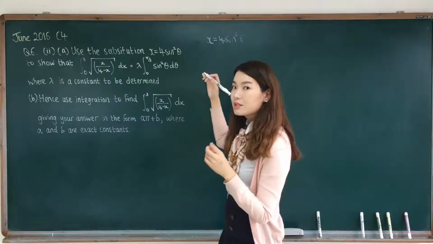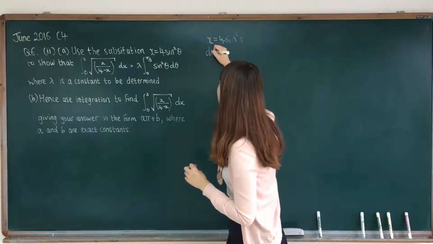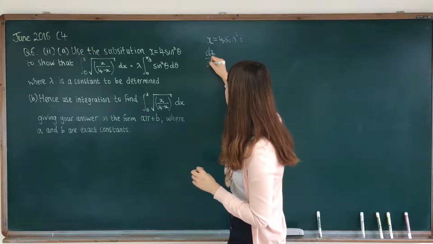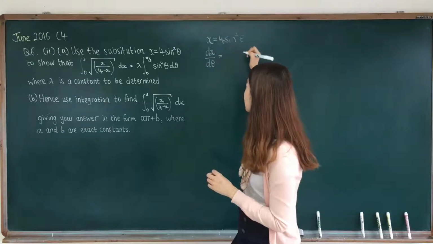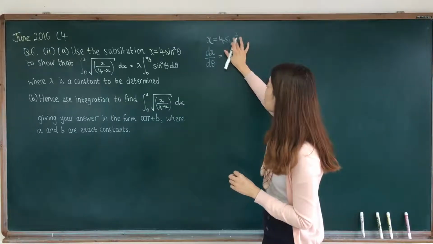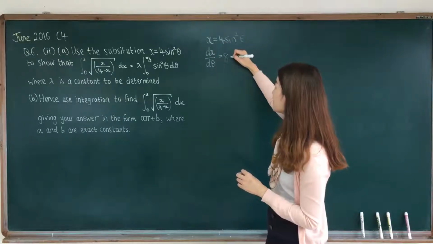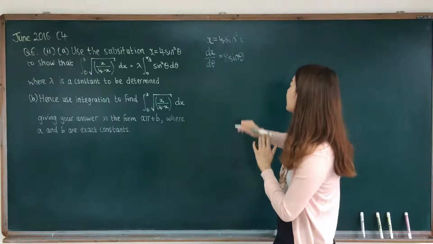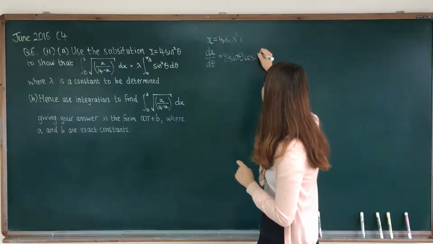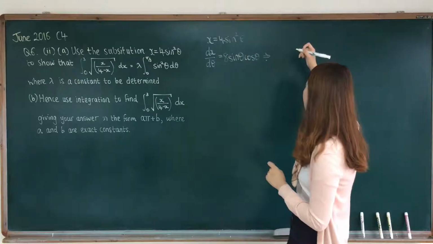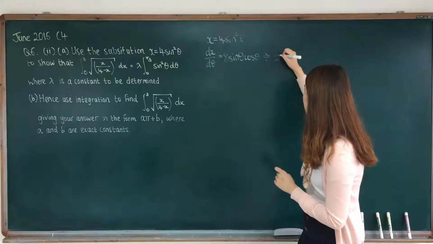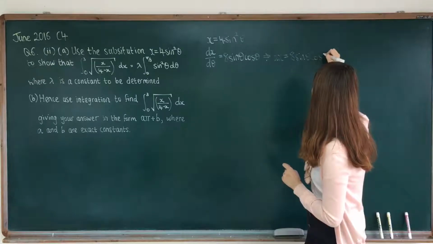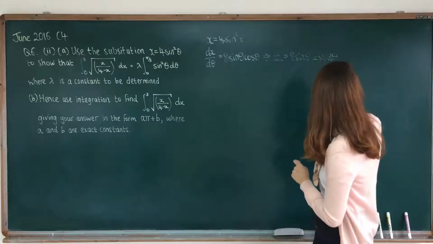So to find dx, I'm going to differentiate this function in terms of theta to get dx by d theta equals, so 2 comes down to give us 8 sine theta, and the derivative of sine theta, which is cos theta. And this all gives us dx equaling 8 sine theta cos theta d theta.